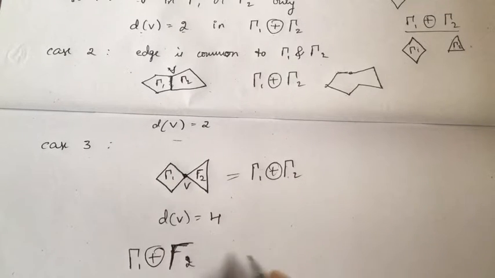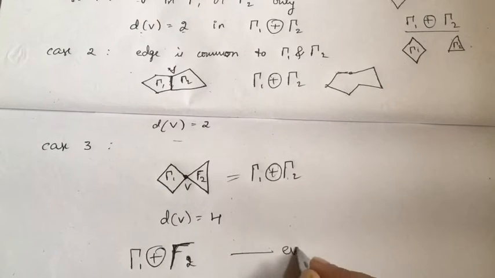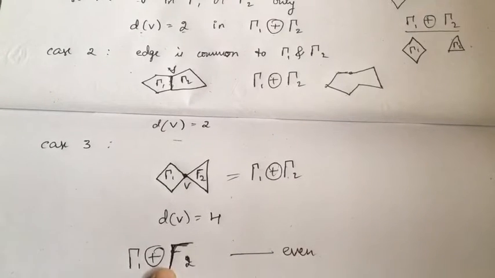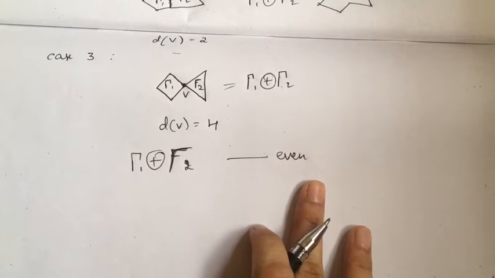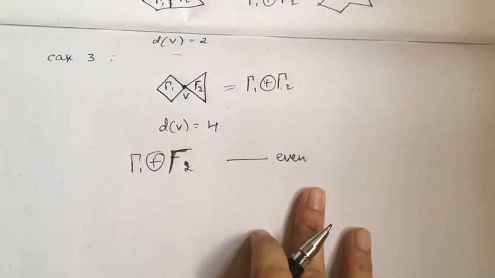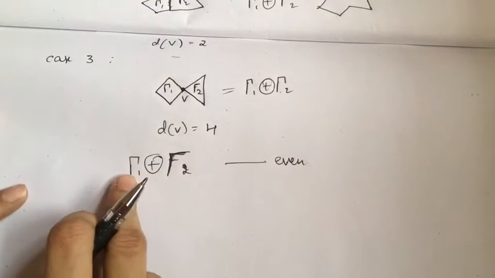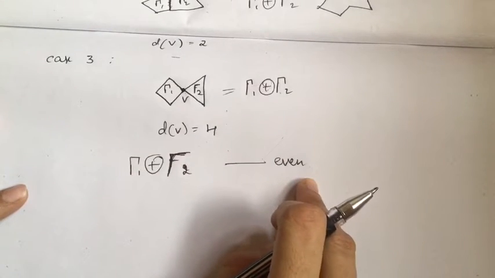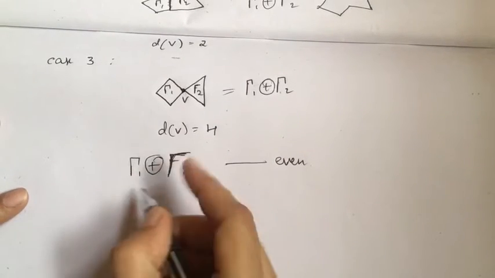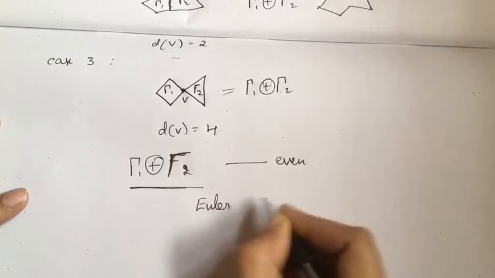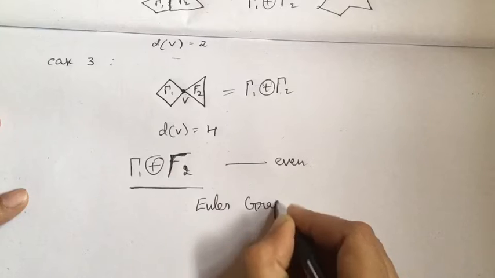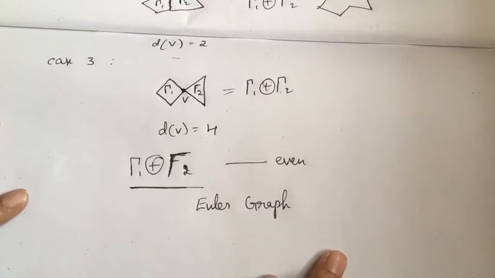Every time, degree of every vertex in ring sum gamma 1 gamma 2 is even, and I can say when every vertex is of even degree, then this must be an Euler graph. We know in Euler graph every vertex is of even degree.